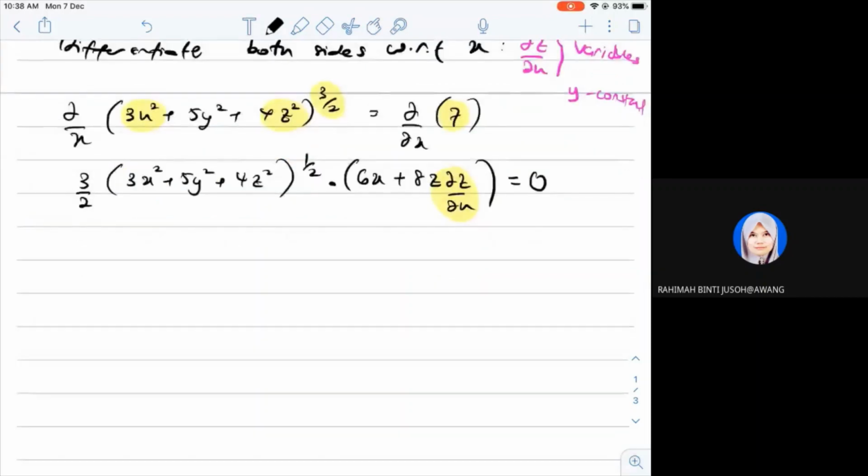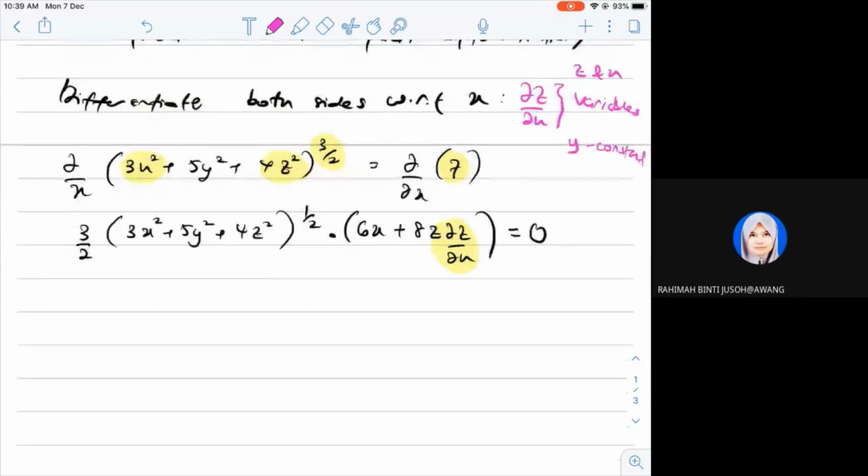So you just solve this term. Okay, so 0 divides by everything here. 0, ni kan darab kan? Okay, so divides by everything. You can have this one, multiplication, 6x. Okay, 6x plus 8z del z over del x equals to 0, guys.